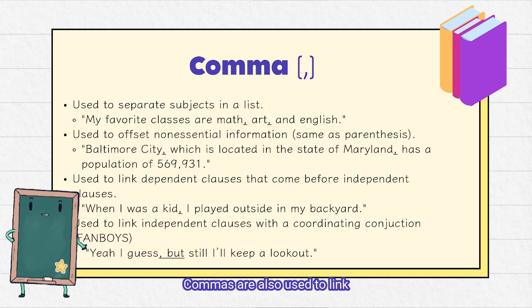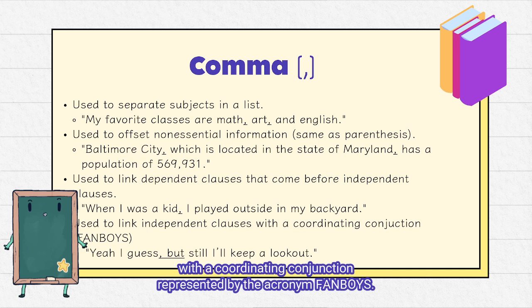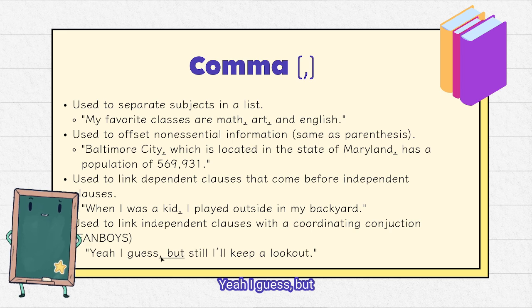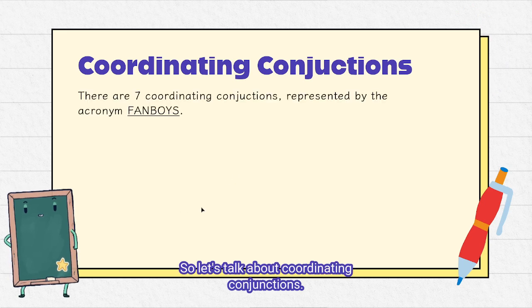Commas are also used to link independent clauses, similar to semicolons, but you can only do this with a coordinating conjunction represented by the acronym FANBOYS. Yeah, I guess, but I'll keep a lookout. So let's talk about coordinating conjunctions.